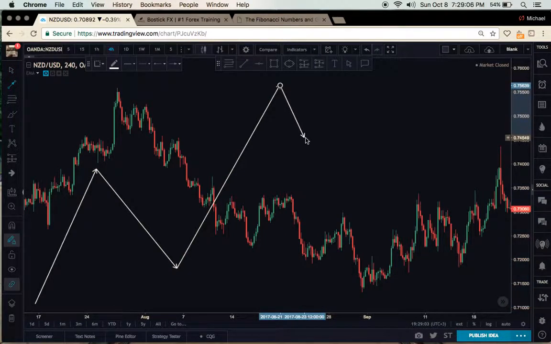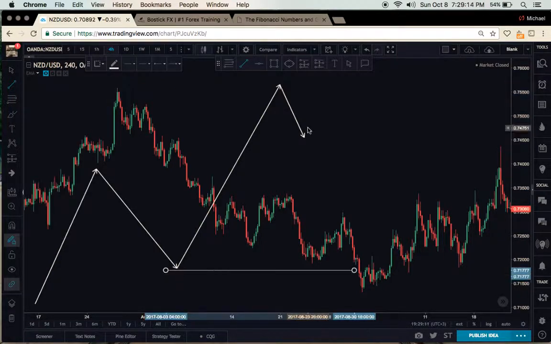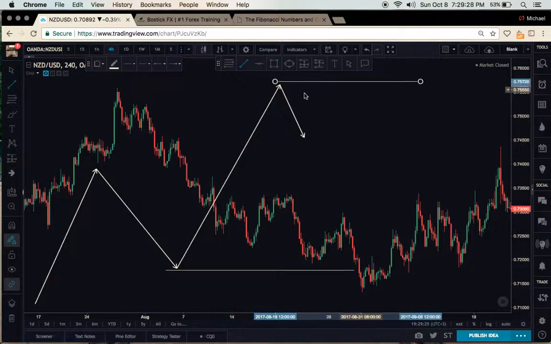Now your daily chart is still in an uptrend. We know that if it's an uptrend, price can only retrace within this area for it to be a valid uptrend. If it breaks this area, it may become a downtrend. So we know that somewhere in this zone, price is going to retrace to.